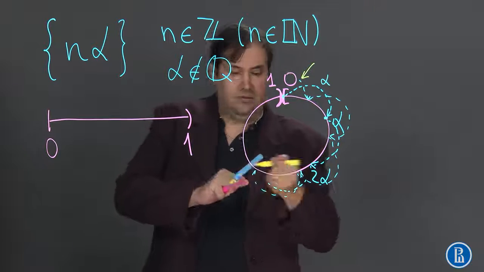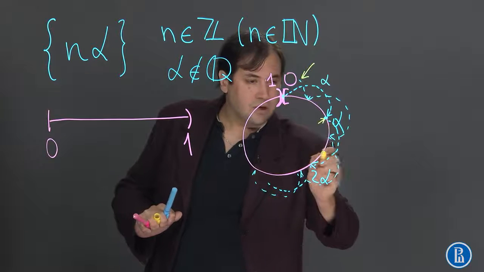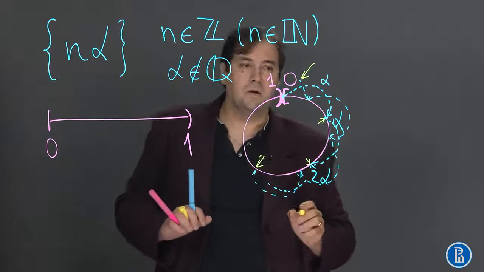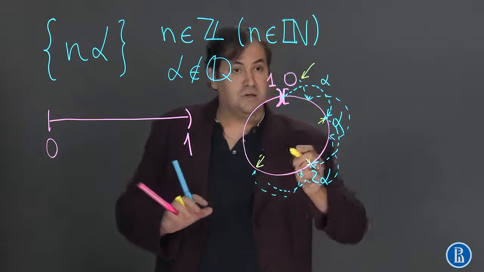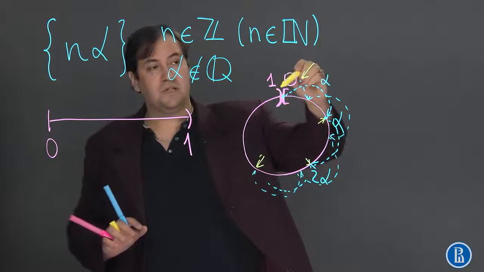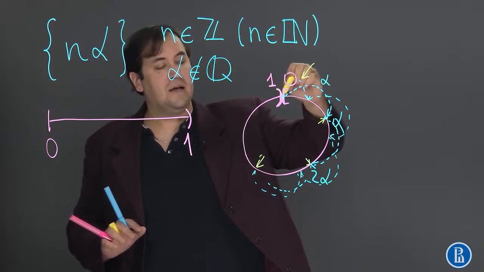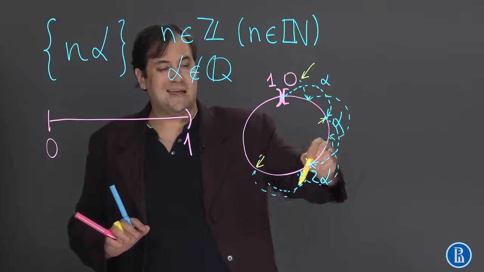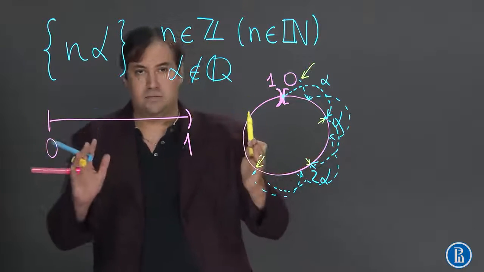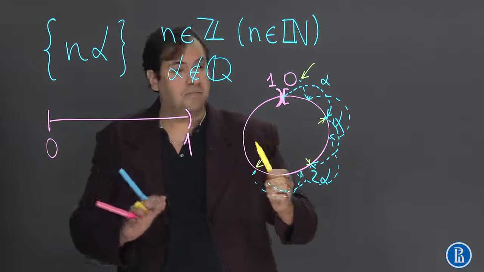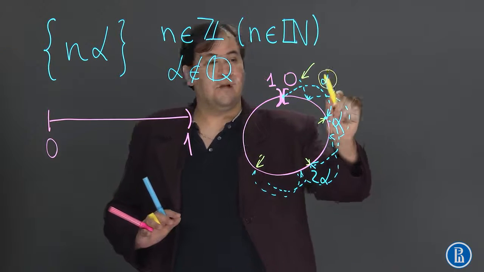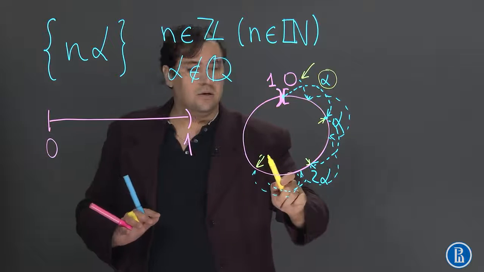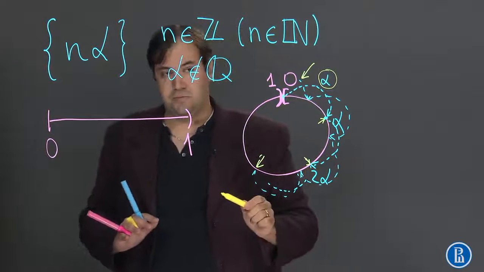The points where the grasshopper meets the circle we will call marked points. So once again, the grasshopper starts from the origin of the circle and jumps, and the length of each of its jumps is the same and is equal to alpha. And the points where the grasshopper lands on the circle are called marked points.